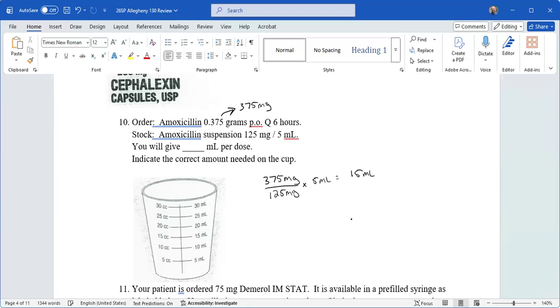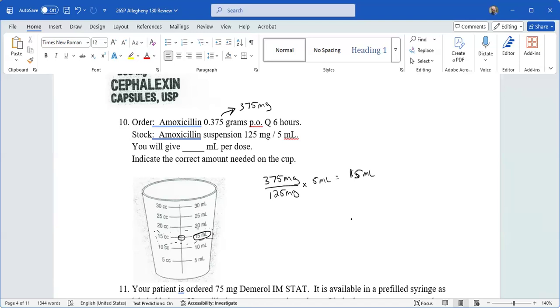Just make sure you write out your answer. Then I'm going to mark the cup. There are a couple of different ways; sometimes they want you to shade it in. This one says to circle the correct amount, so I would just circle the 15 ml. I think you're still okay if you put an answer here, like when you dropped the point last semester on Blackboard. I don't know if it's paper or Blackboard.